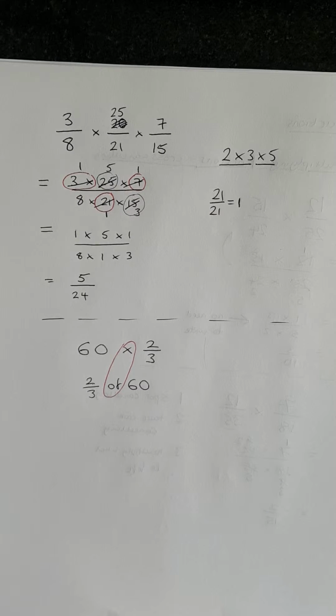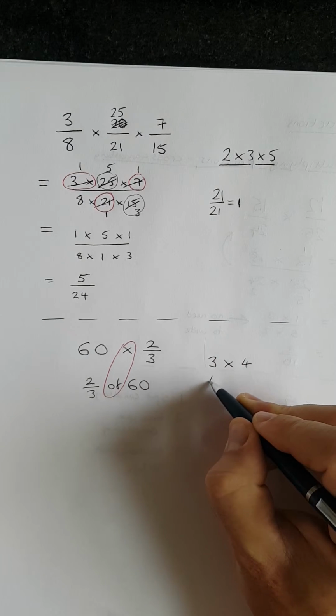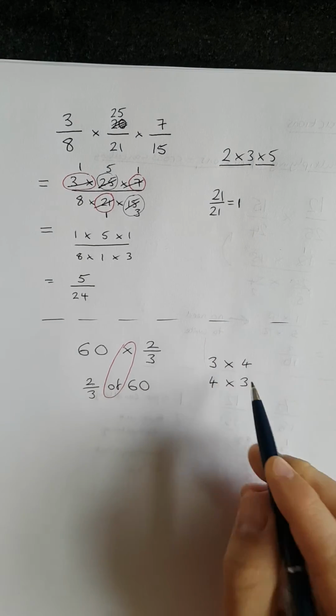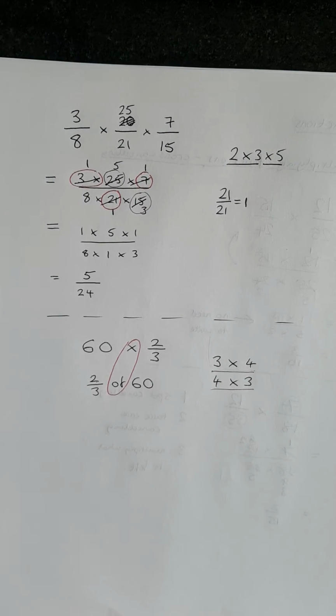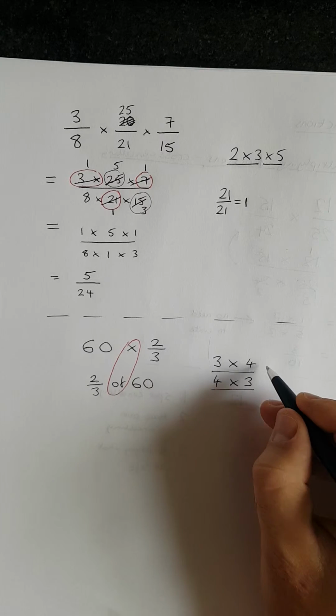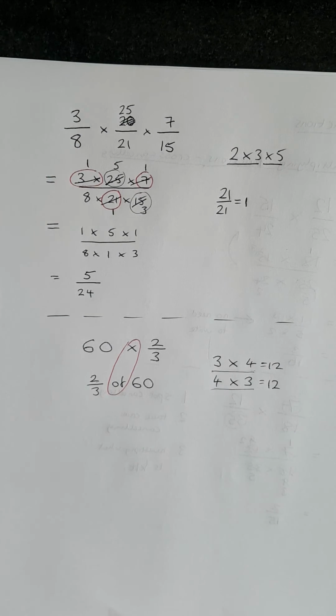So is that an issue? Well, first off, what about switching them round? Does that change the sum? Have a look at those two. Multiplication does not change if the order changes. So that's great news.